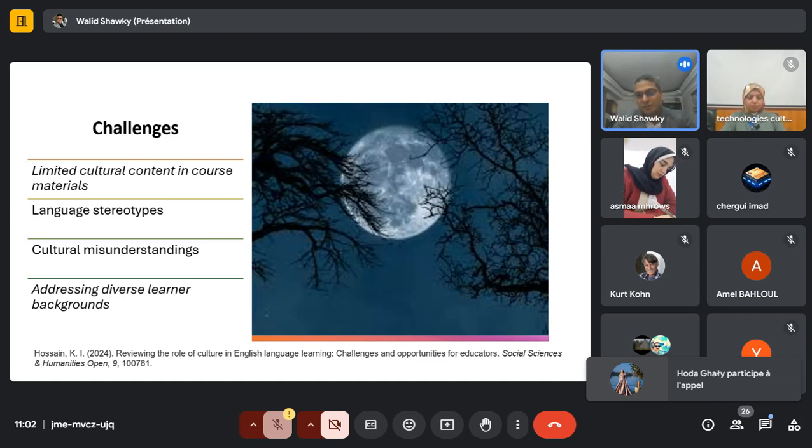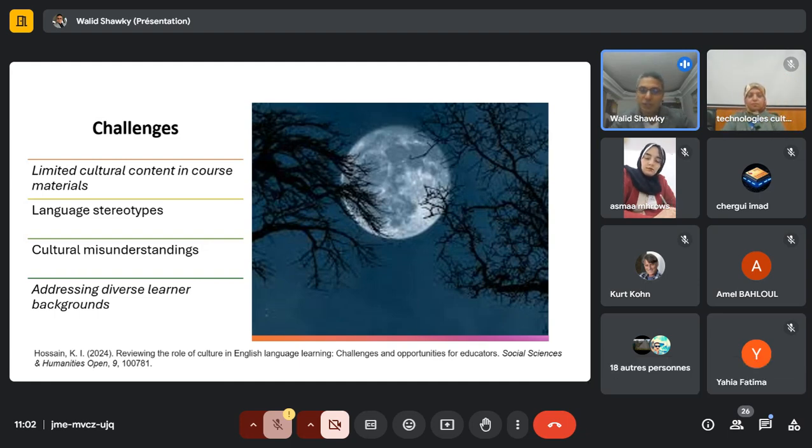This needs to be changed from the teacher side and from your student side. Before you start teaching, you need to change this mindset for you as a teacher and for your students. You need to read well about the culture before you introduce it.